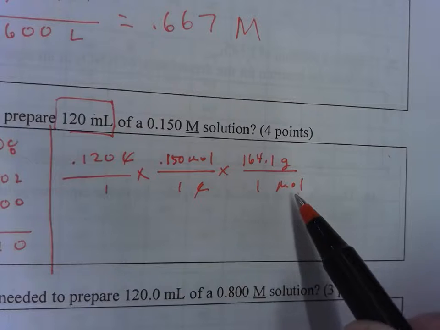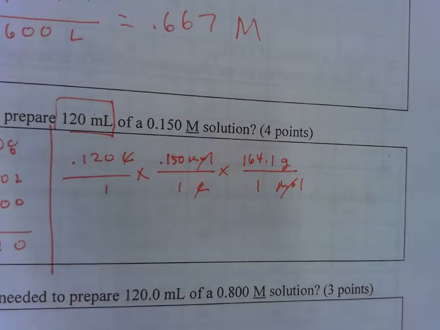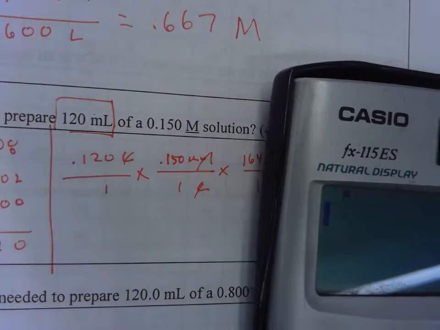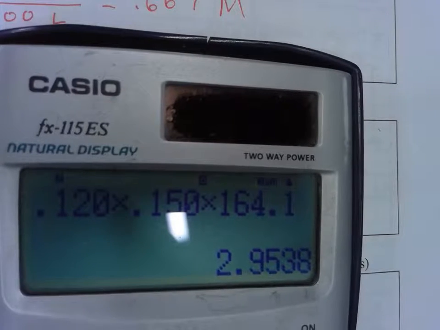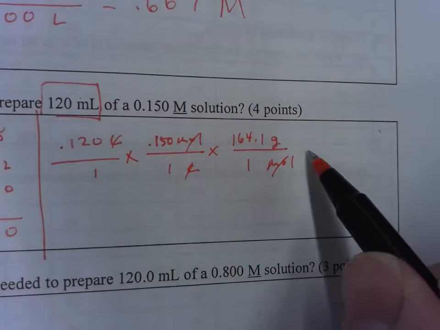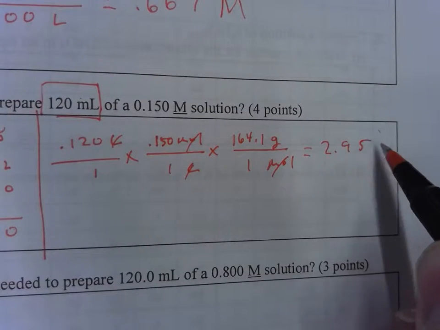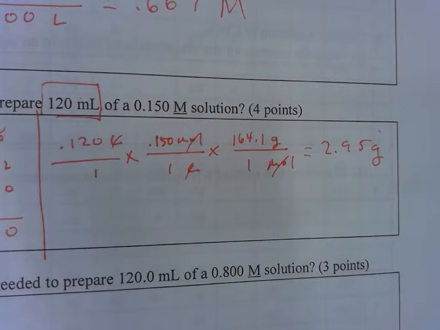And all we got to do is multiply. When I did the math here, I got 2.953, so we'll just say 2.95 grams. Okay, there's your answer to that one.